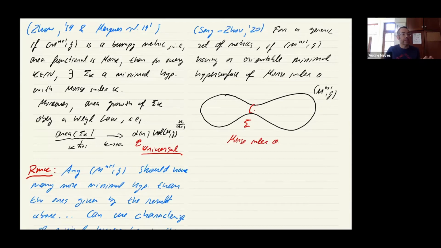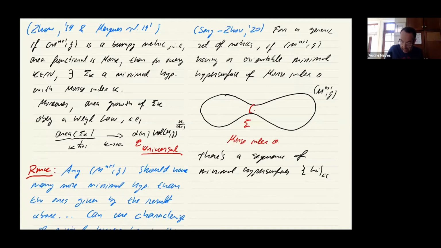So we take a minimal hypersurface that's a local minimum for the area functional, and then their result says that there is a sequence of minimal hypersurfaces, let's call it Li.